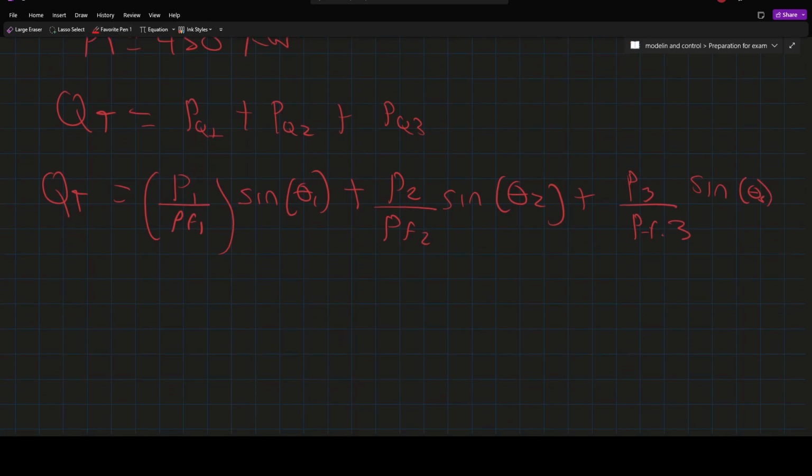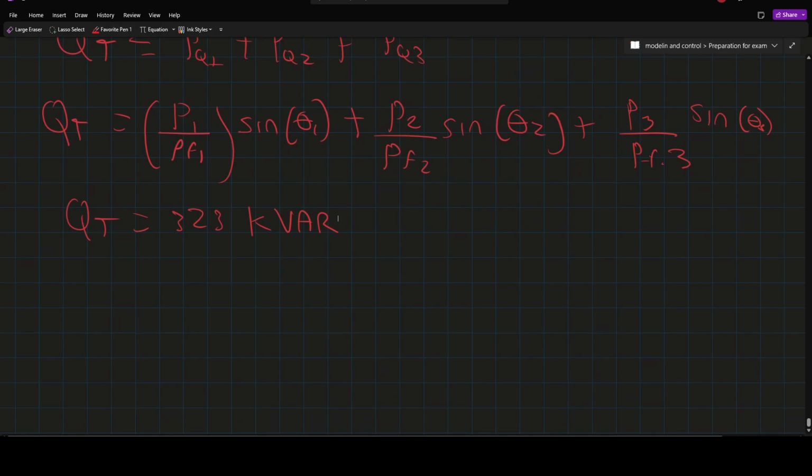Okay, so for this one, we have all the values. We have theta, we have the power factor, we have the real power. So it's just plug the values and we are going to get a total of 323 kVAR.